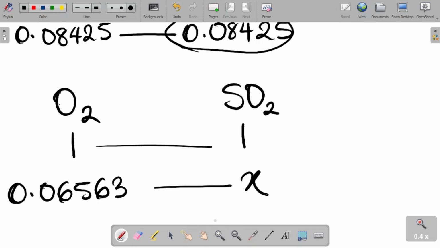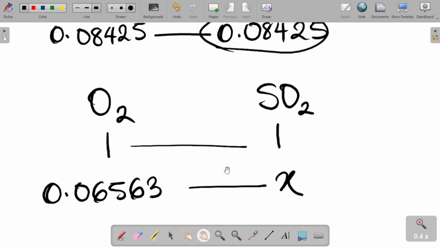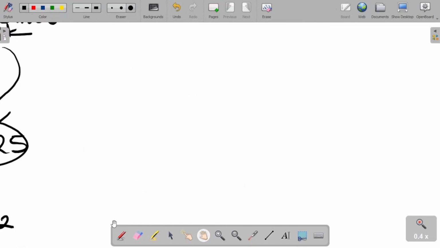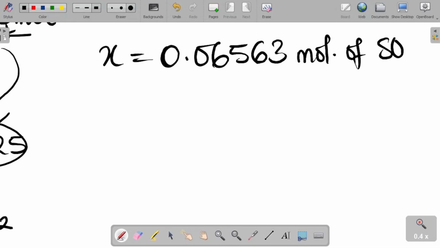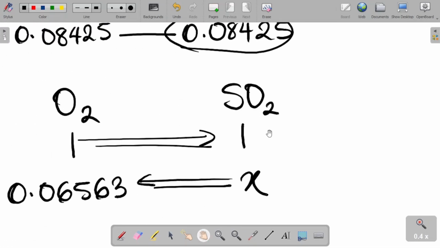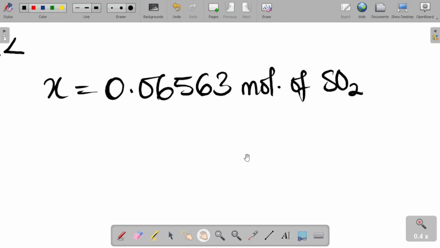We'll call it X. Right, from here, without even stressing ourselves, if 1 is 1, then X should be equal to this, or you can cross multiply if you want to. That means X will be equal to 0.06563 moles of SnO2. So you have this, okay? If you cross multiply, you still have the same answer.